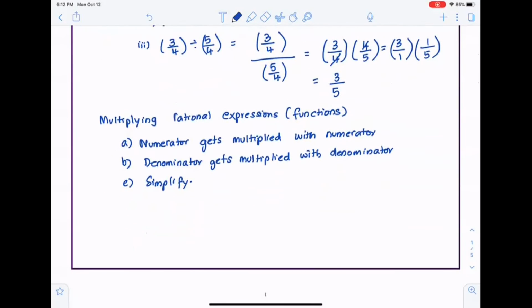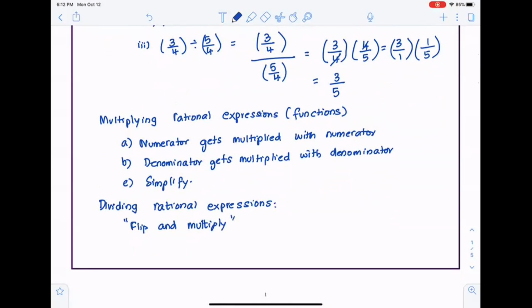When we divide rational expressions, the key to note here is the concept of flip and multiply.